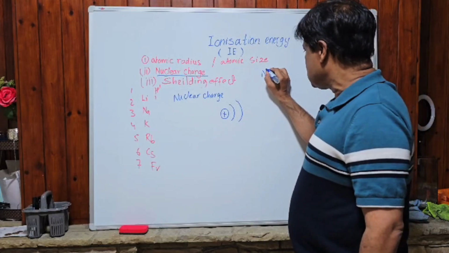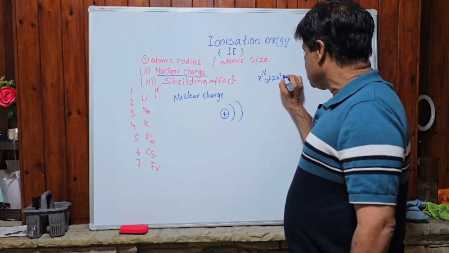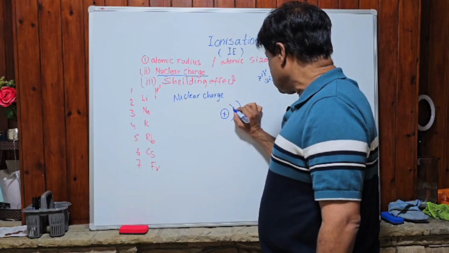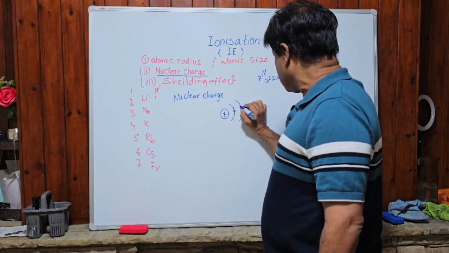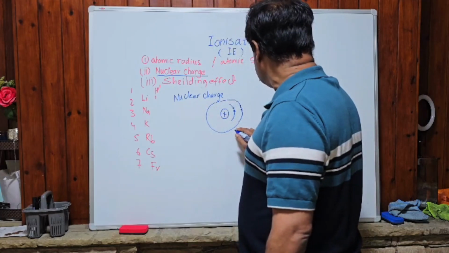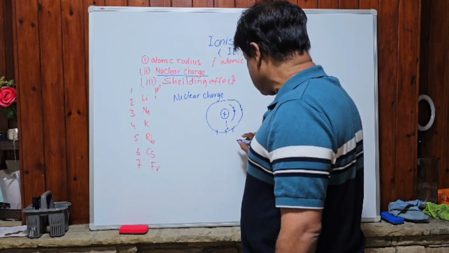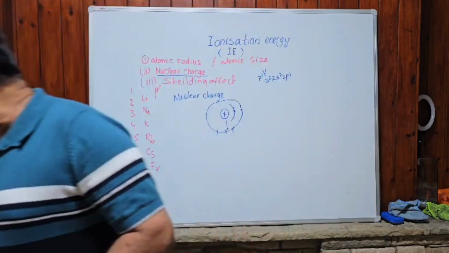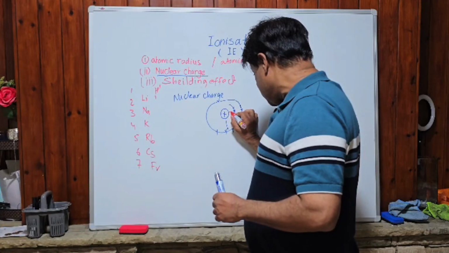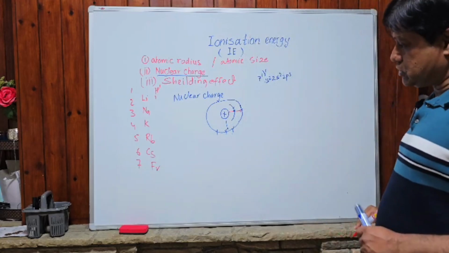Nitrogen has 7 electrons: 1s2, 2s2, 2p3. So first shell 2 electrons, second shell 2 electrons, and the p has 3 electrons. 1, 2, 3. So look at the distance between the nucleus and the outer shell electron, that's the nuclear charge.